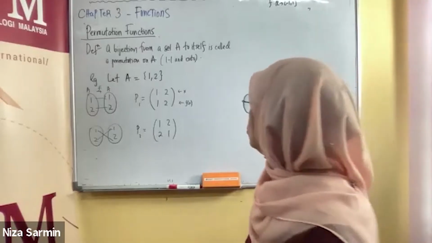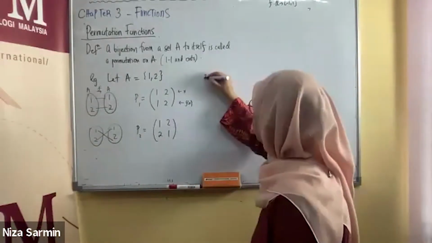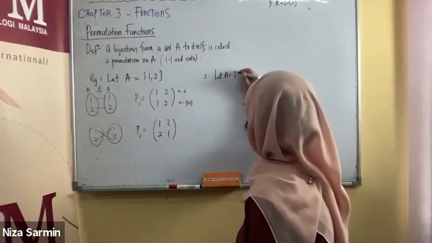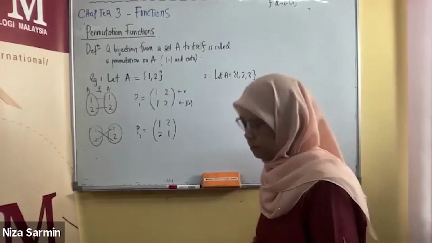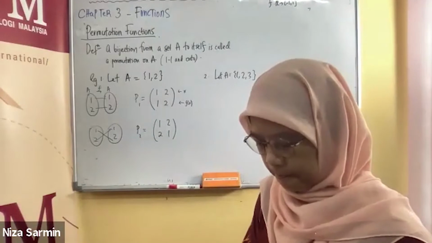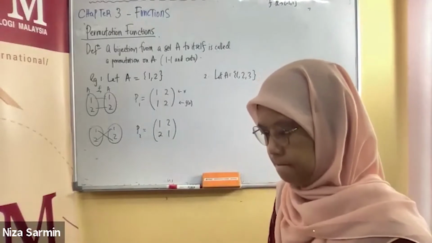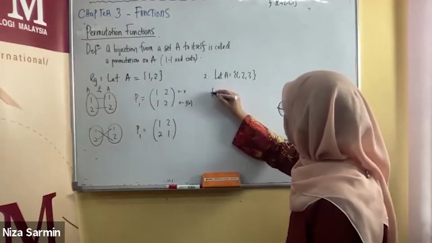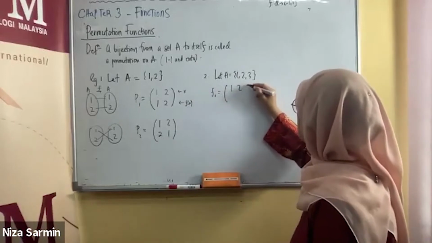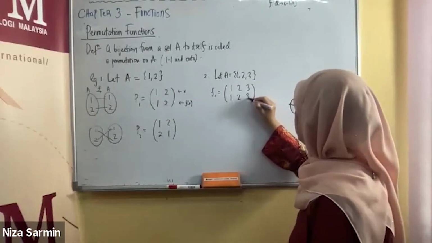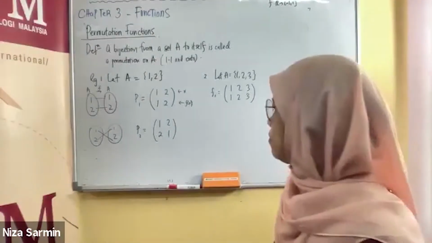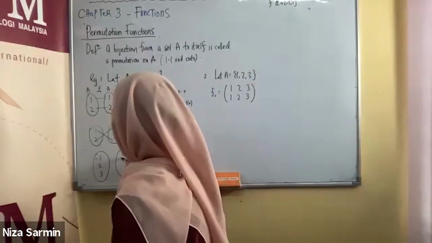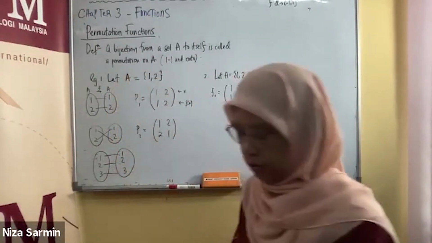Now we go to the second example. Let A be 1, 2, 3. How many? So the first one, call it F1. It goes to itself, right?